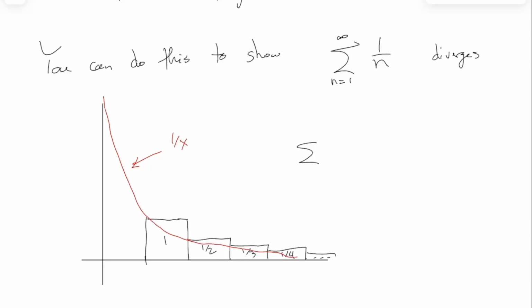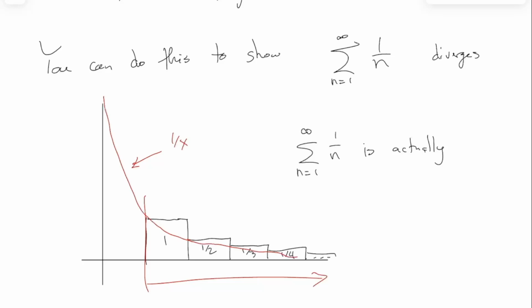So this series, n equals 1 to infinity, 1 over n, if I wanted to compare the areas, that series from here, looking to the right, the series is greater than the area under the curve, right? Because the series involves those rectangles, but they're sticking out. They are bigger than the area under the curve.